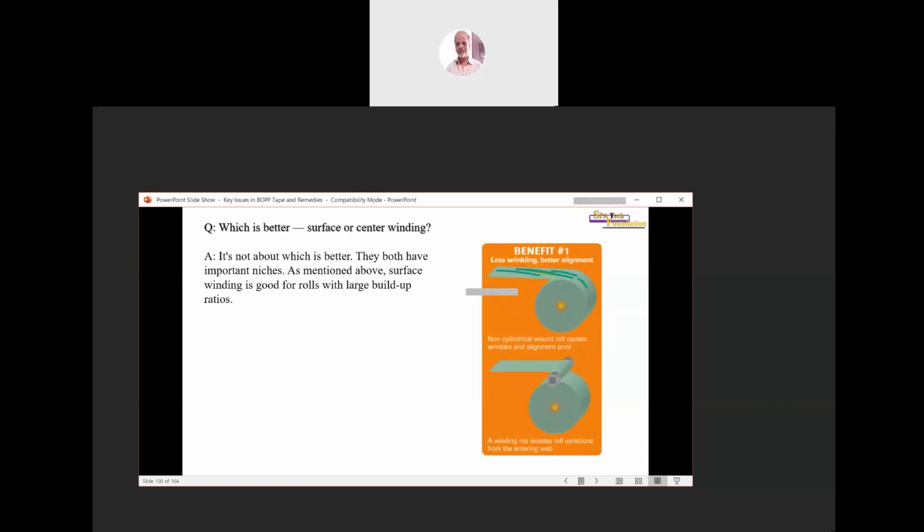It's not about which is better, they both have important niches. As mentioned above, surface winding is good for rolls with large build-up ratios. Surface winding often can wind at lower tensions than center winding and exerts less torque on the building roll, avoiding torque-related clenching.